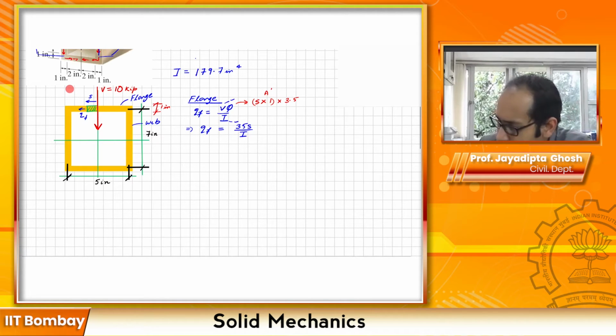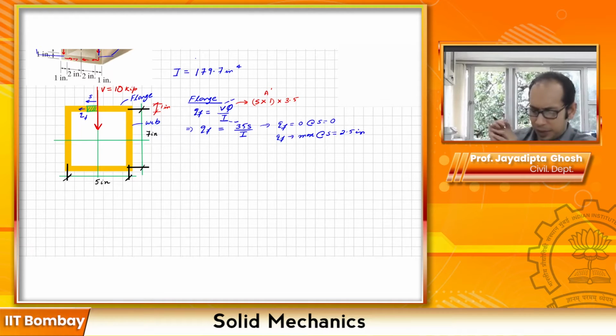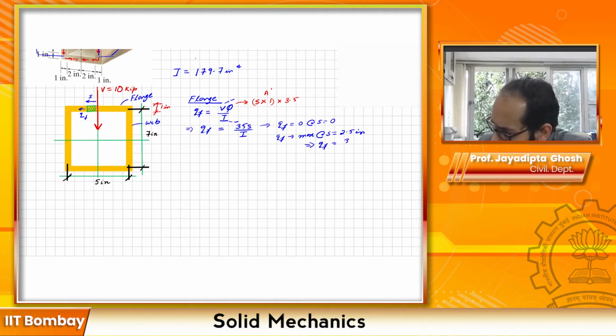So this essentially indicates that your Q of F is 0 at S equals 0, and Q of F is maximum at S equals 2.5 inch. If you calculate at 2.5 inch, Q of F is 35 times 2.5 divided by 179.7.